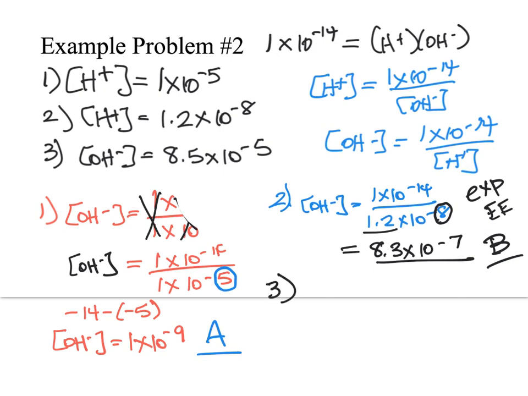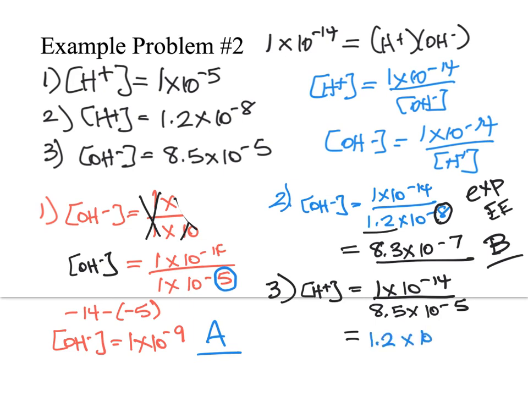Right, in our third example, we're solving for hydronium. That's equal to 1 times 10 to the negative 14th divided by 8.5 times 10 to the negative 5th. So I go ahead and put that in my calculator, and I get 1.2 times 10 to the negative 10th.